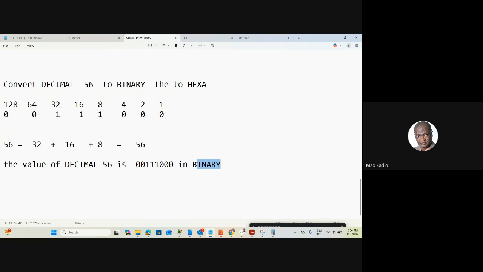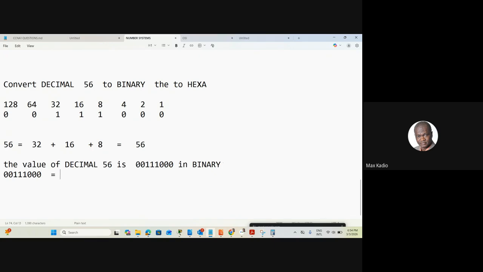Now, from binary, we can convert to hexadecimal. To do that, this binary, you put it here and you put equal.